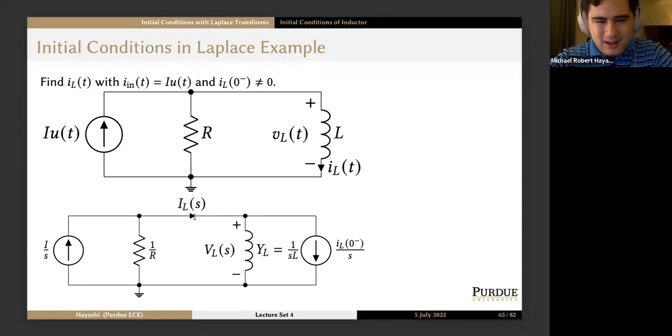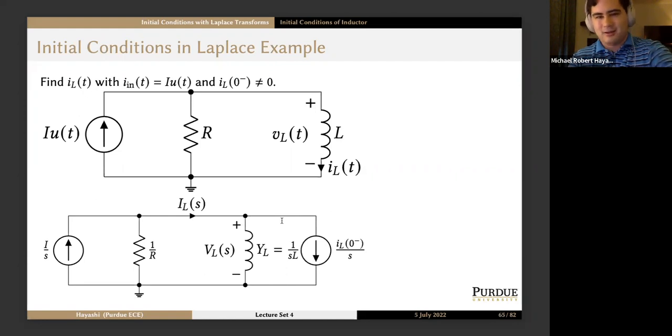Because remember, we define the current going down through this device. This current will force the current to go up through the inductor instead of going down through it. So we need a negative sign. It opposes our passive sign convention.